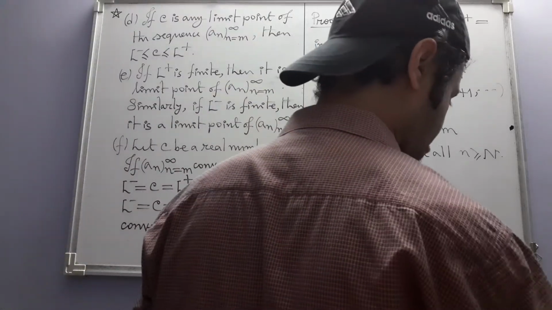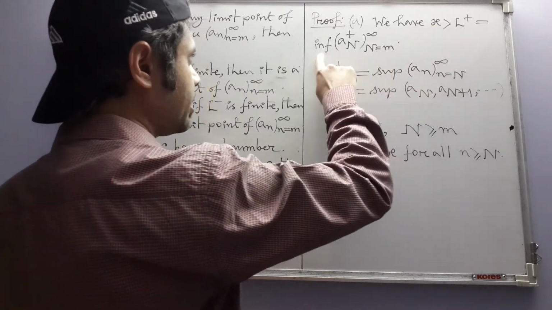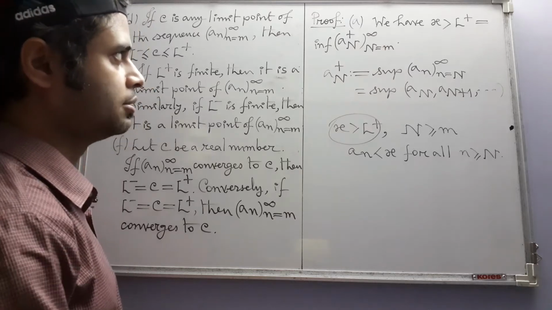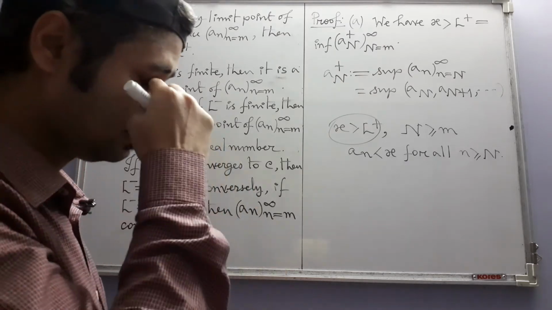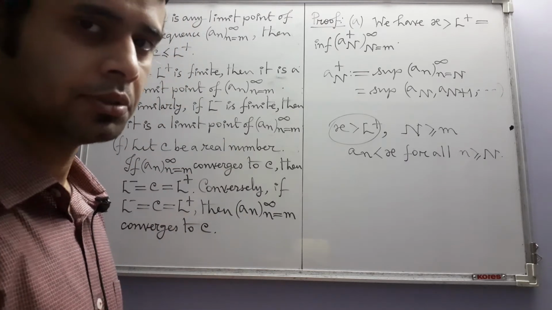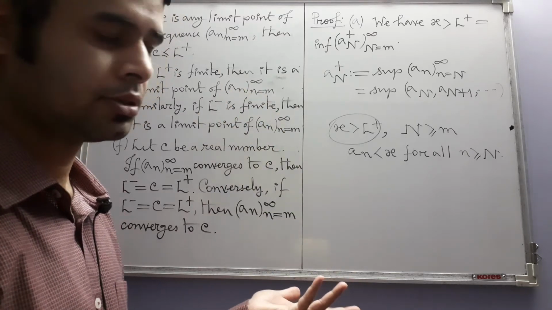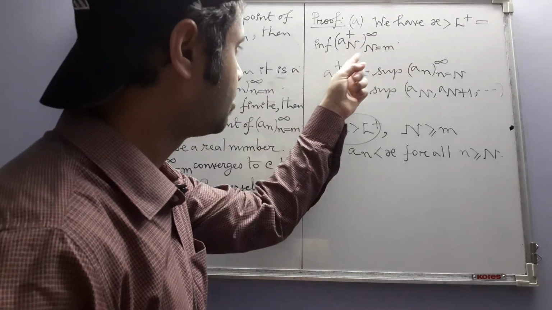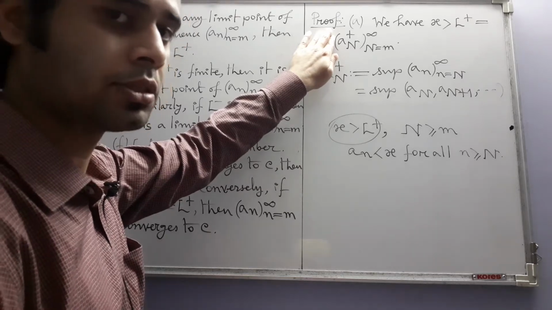Okay. So what do we see from this? X is greater than the infimum of a sequence. Infimum, you recall, is also the greatest lower bound. X is greater than the greatest lower bound. So that means x cannot be a lower bound of this sequence because it's greater than the greatest possible lower bound.